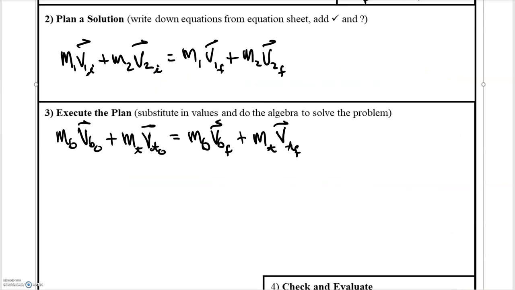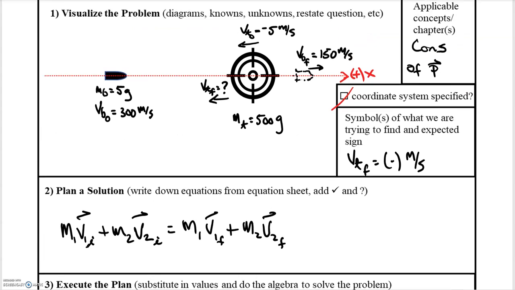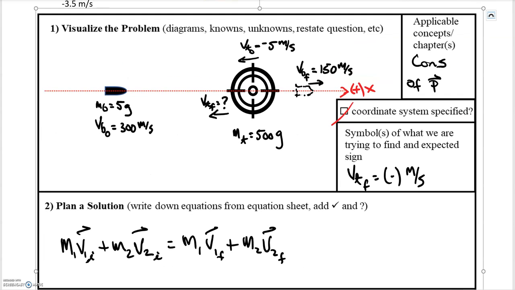So let's go ahead and get started. Let's use our conservation of momentum equation for two objects, where the initial momentum, P sub i, is equal to the final momentum, P sub f.